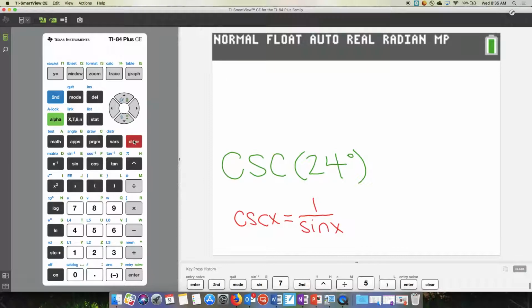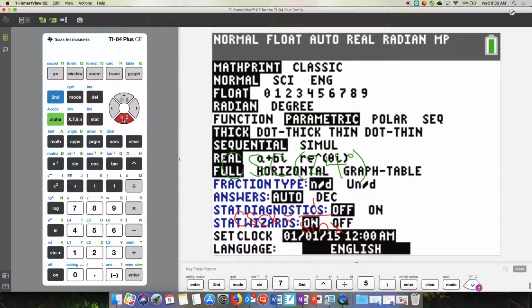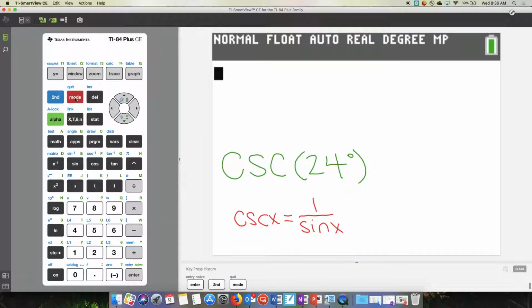Cosecant is the reciprocal of sine. So first of all, we are going to need to put this into degree mode. I'm being obnoxious for a reason. And if we want to evaluate the cosecant of 24 degrees, we would need to type in 1 divided by the sine of 24 degrees.